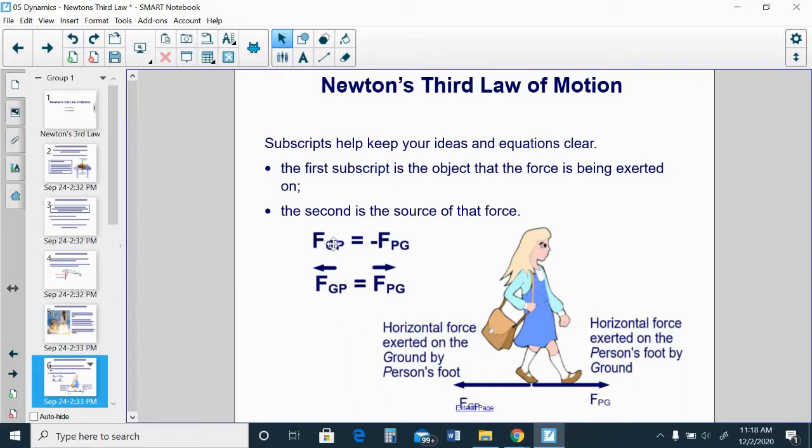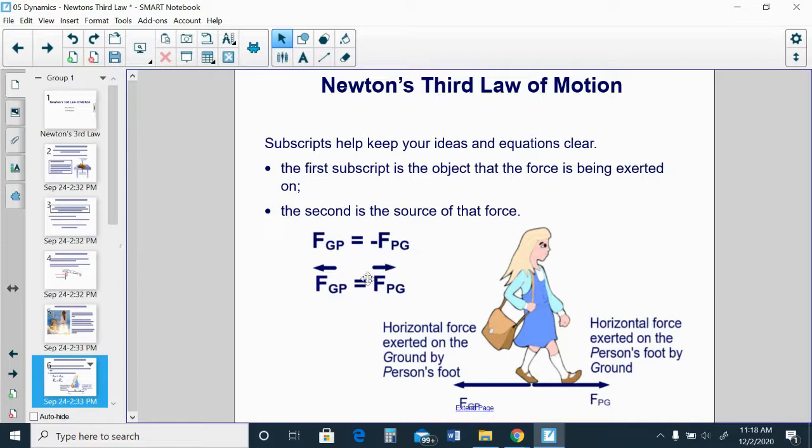So that's your FGP. On the other side, we have the horizontal force exerted on the person's foot by the ground, and it is in the opposite direction. So that is represented by negative FPG, since it is the horizontal force exerted on the person's foot, P, by the ground, G.